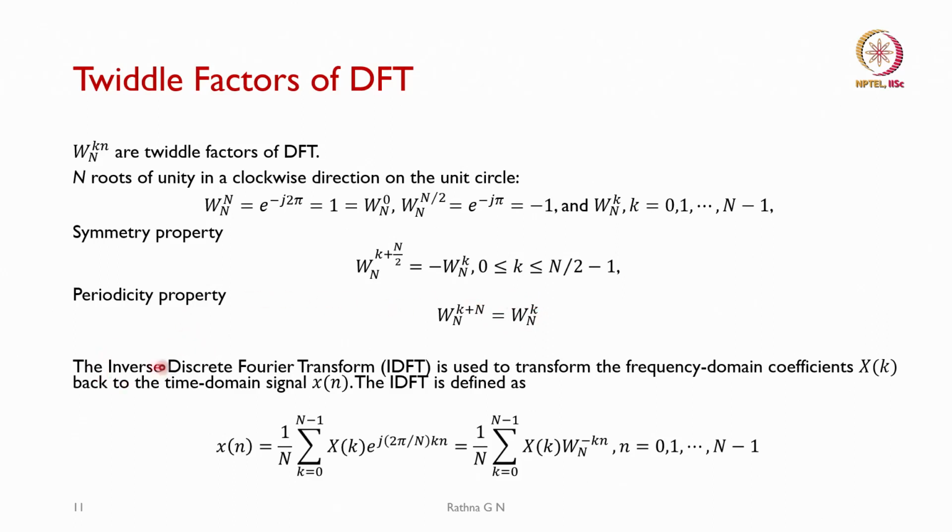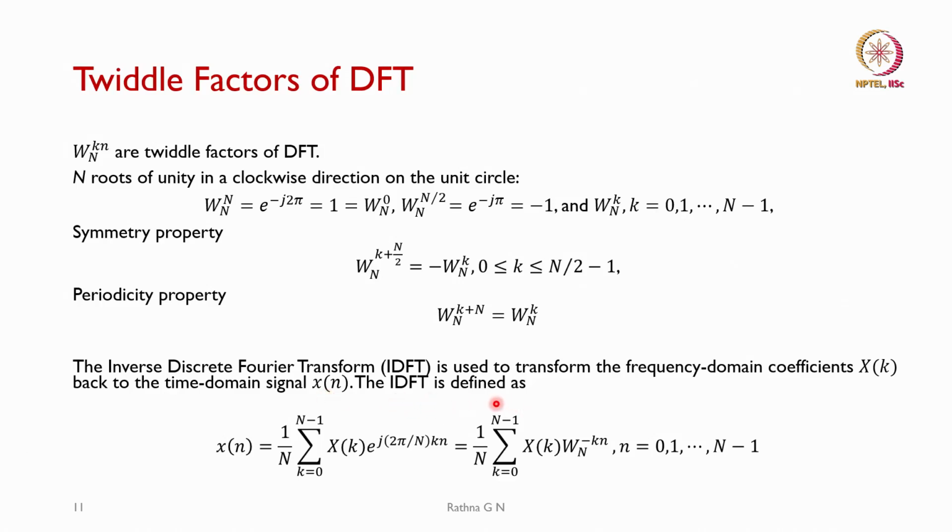So, we know the inverse discrete Fourier transform, we call it IDFT, is used to transform the frequency domain coefficients X of k back to the time domain signal x of n.